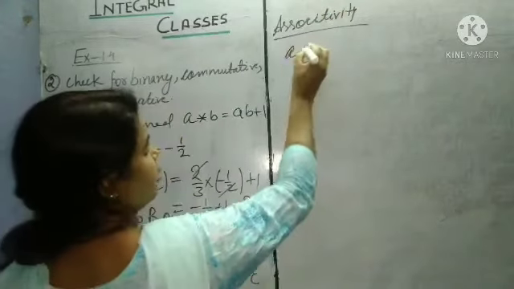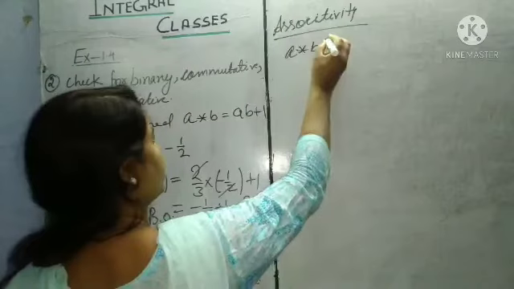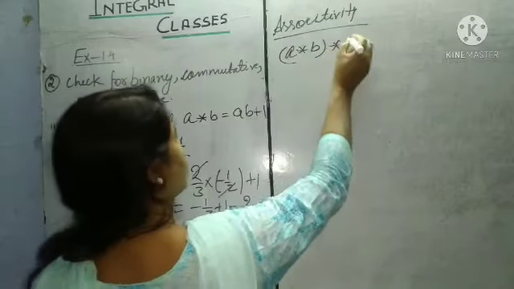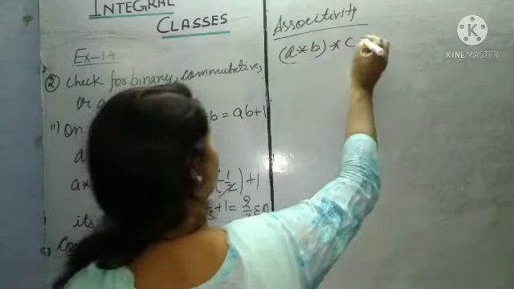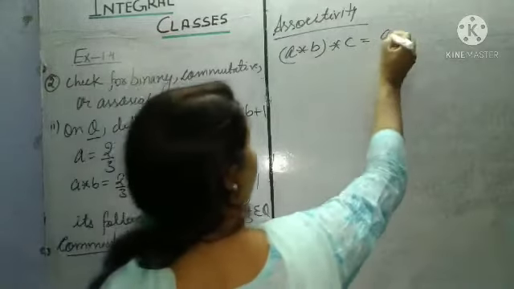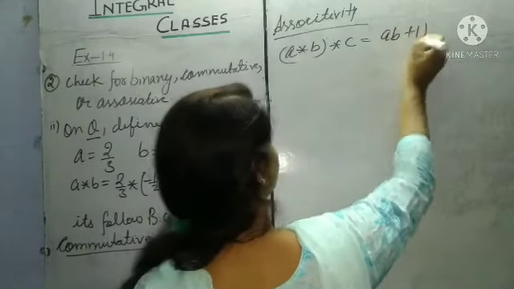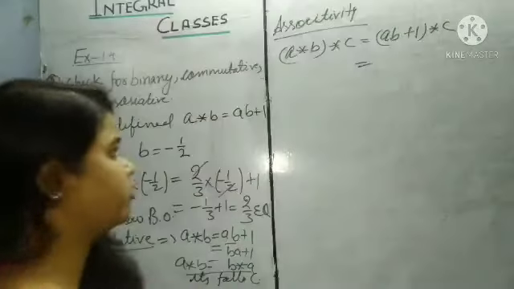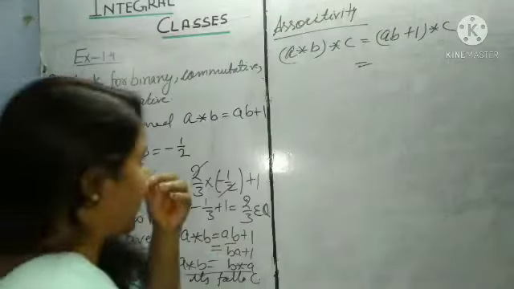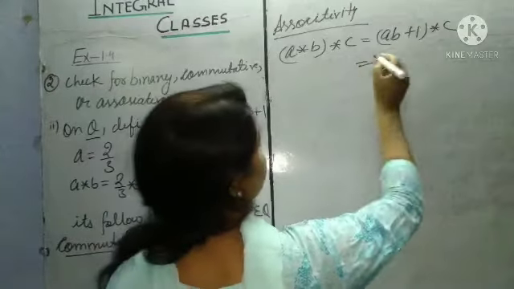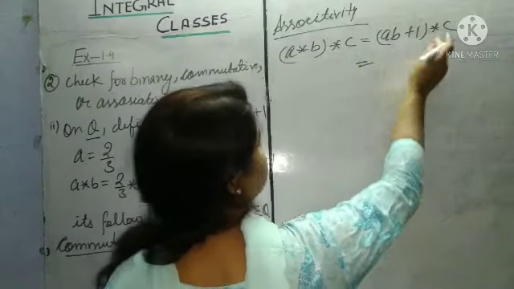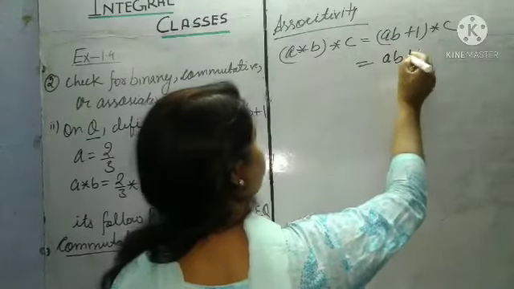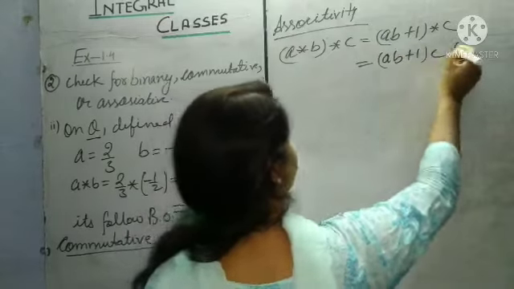Now for associativity, again A star B star C. Then A star B is AB plus 1, then star C. So again we apply here AB plus 1 into C plus 1.